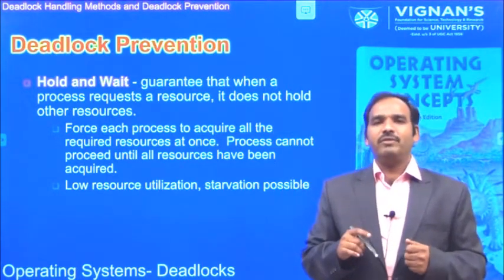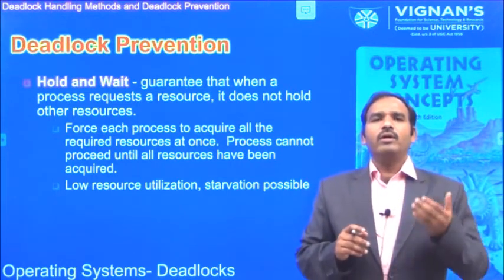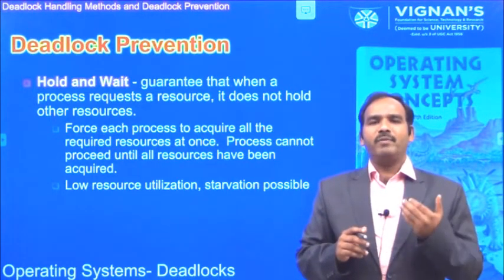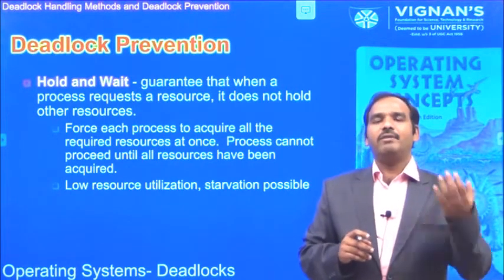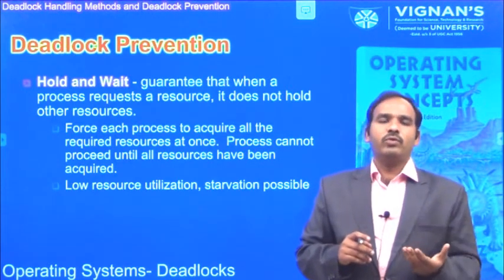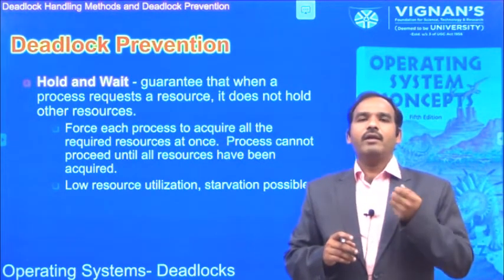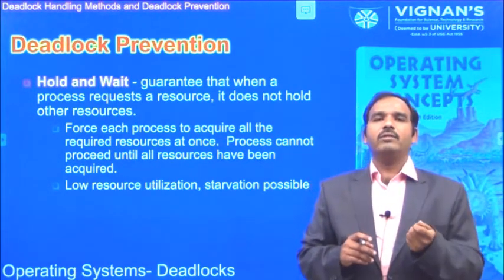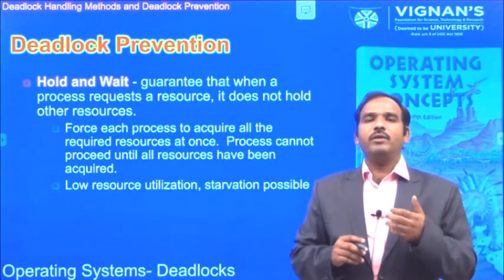Let me illustrate with one example. A process wants to copy data from the tape drive to a disk file. After that, it will sort the file, then print the information through the printer. These are the execution steps of the process.